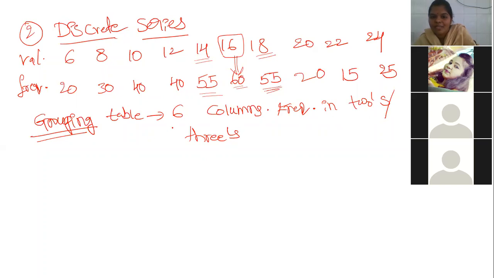The grouping table is having 6 columns, and the frequencies are added in 2s or 3s. Grouping is done as given below.